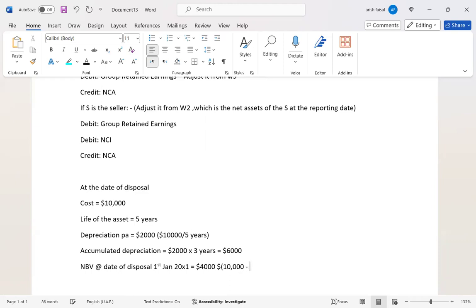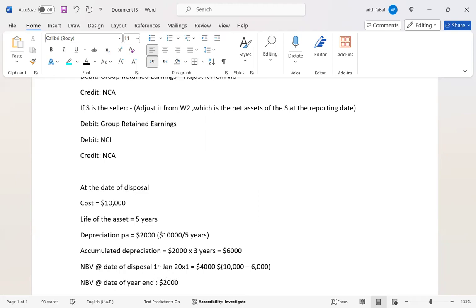Now we are assuming that this asset was not sold to the subsidiary, right? Then what would have been the value of the asset by the end of 31st of December 2001? In that case, the net book value at the reporting date, at year end, would have been after another 2,000 depreciation.